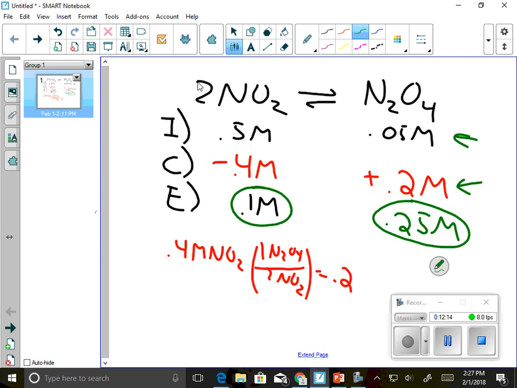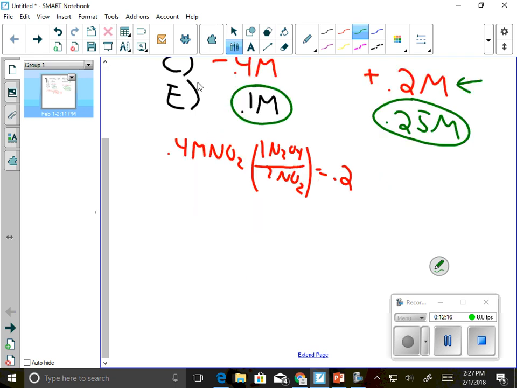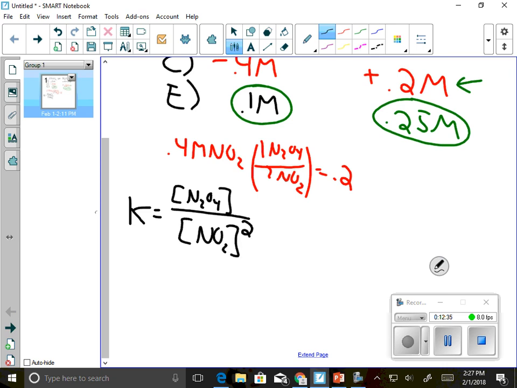Equilibrium math can be done when you know at equilibrium the concentration of the products and the reactants. If I first set up my expression, I'm going to have the concentration of N2O4, my products, divided by the concentration of NO2 squared.